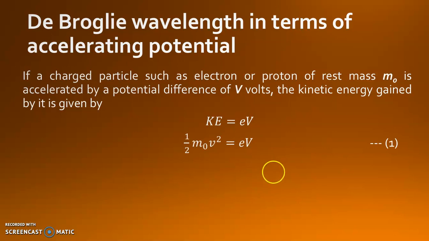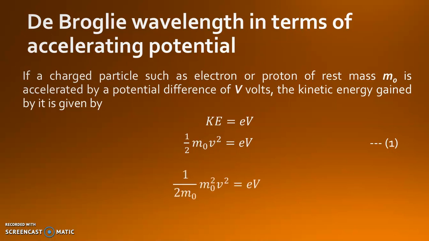Now this kinetic energy we can again write as half mv square. Here instead of m we write m0 because we are considering rest mass. So it becomes half m0 v square, which is equal to eV.